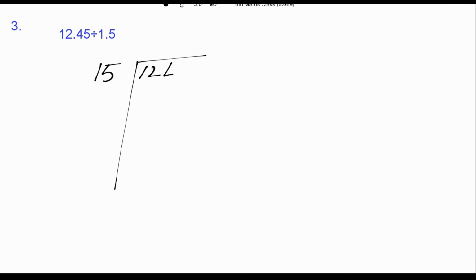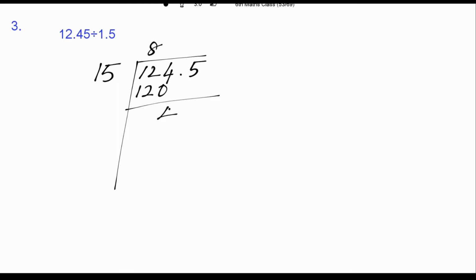Seventh subdivision, third sum, 12.45 divided by 1.5. So here what you have to do, you have to change the divisor as 15. And the dividend, according to the decimal place, we have to move the point. So it becomes 124.5. Clear? Now, 15 eighths will be 120.